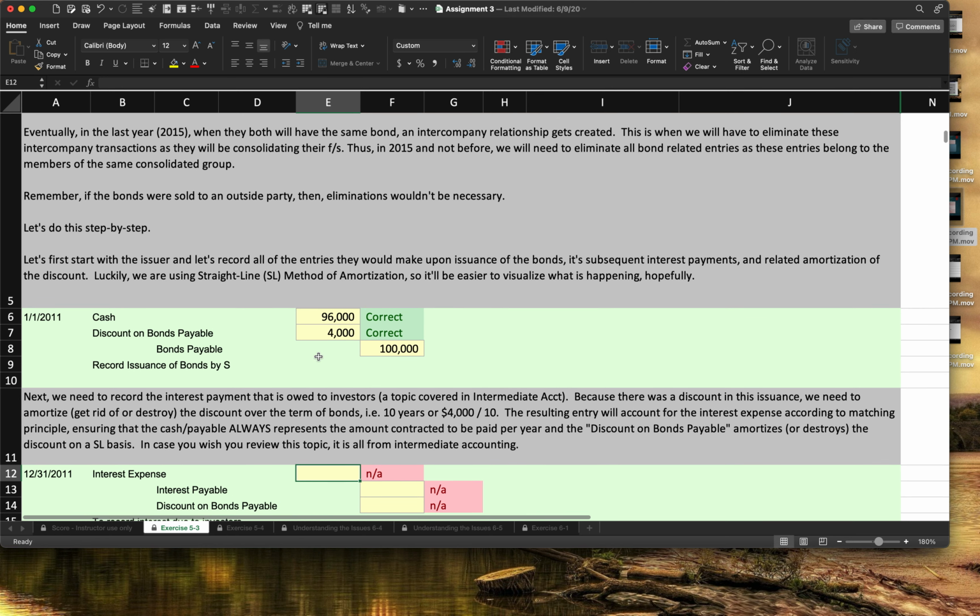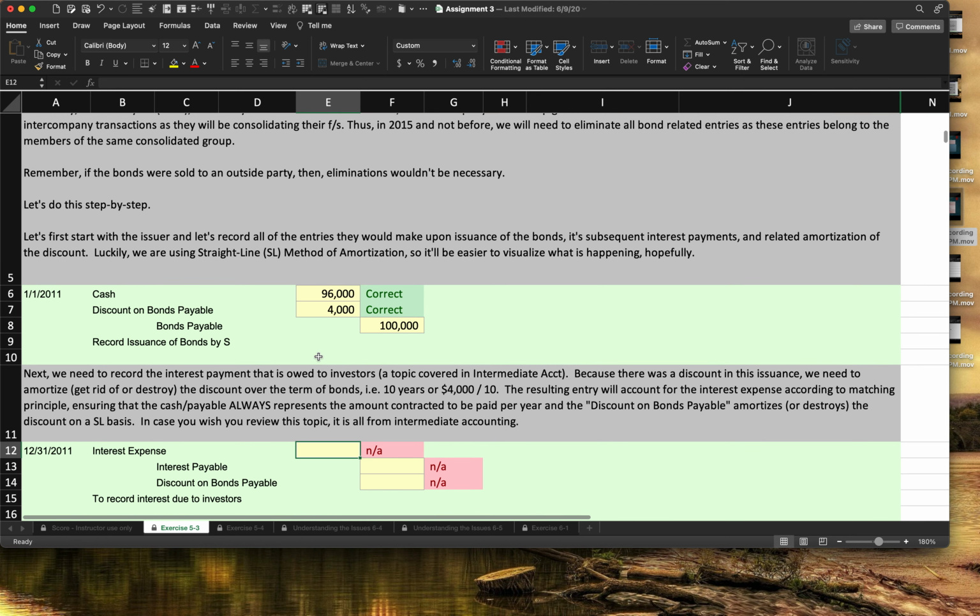And so if this were done on 1/1/2011, what do we need to do on 12/31/2011? Well, at that point, a year would have elapsed, and we would owe some sort of an interest payment to the creditors. And though we can call it cash, or we did call it cash in our previous example, it's simply some sort of an interest payable, right?